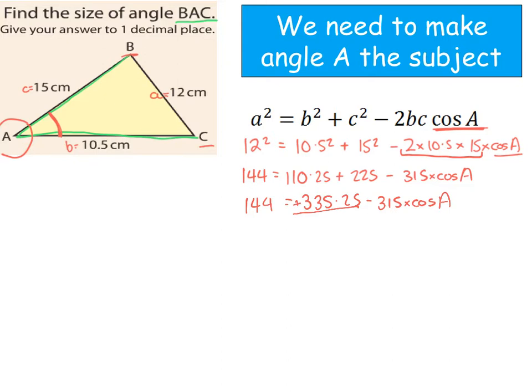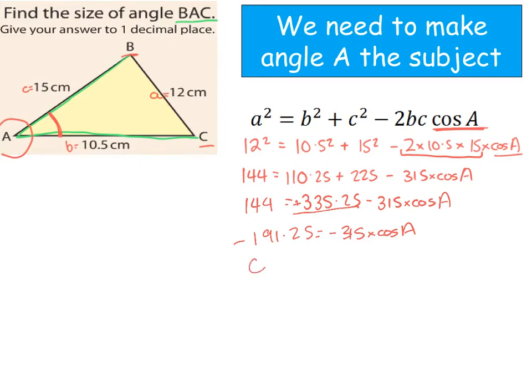So if we were to do that, then we would get minus 191.25 is equal to, remember this is still negative here, minus 315 times cos of A. And then because we're trying to find A, first of all we're finding the cosine of A, and then we're multiplying it by minus 315. So divide both sides by minus 315.